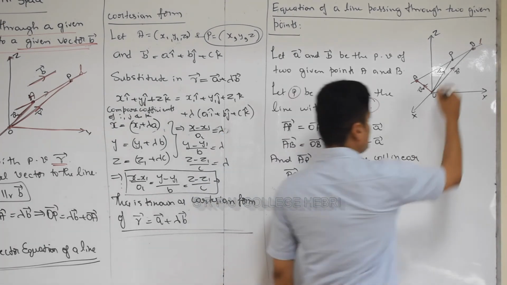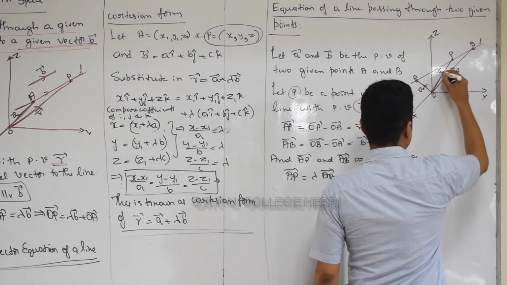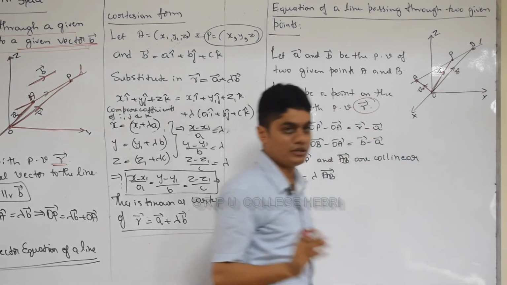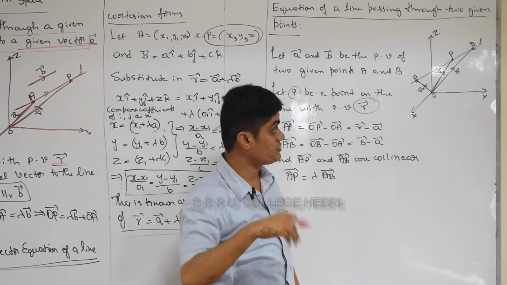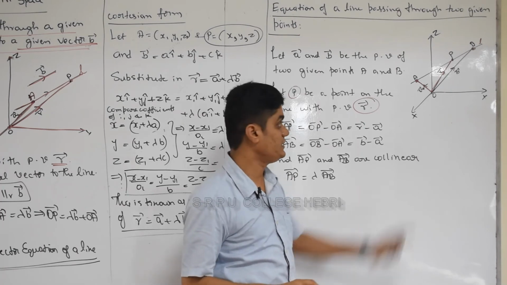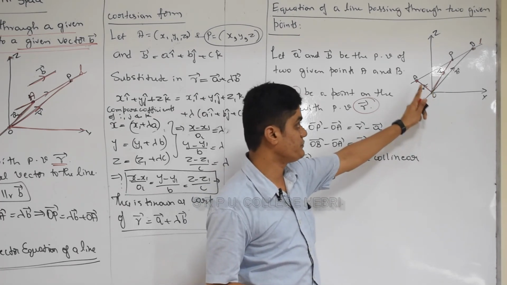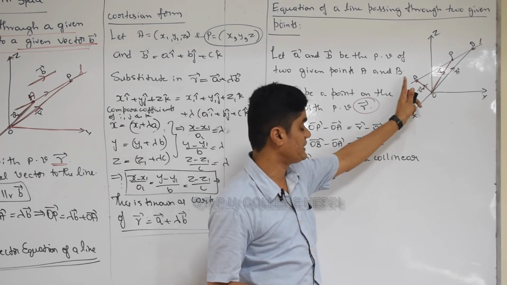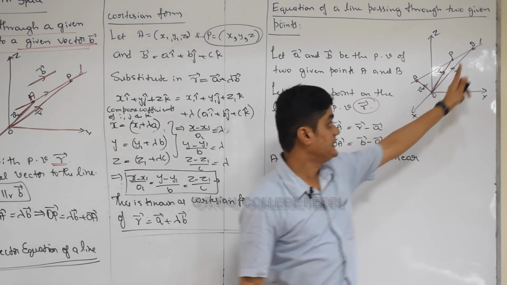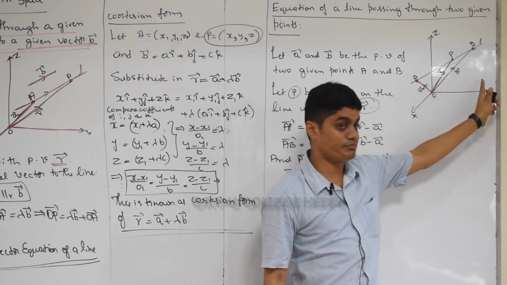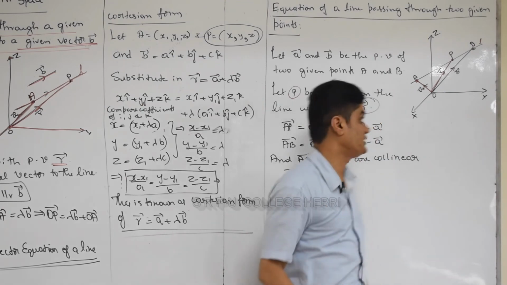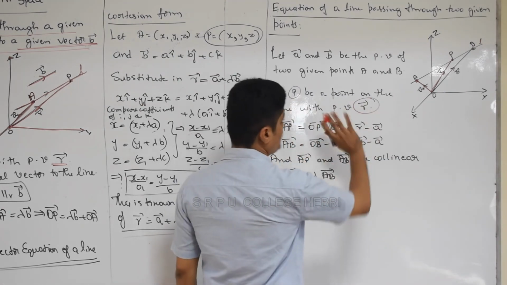Just like the last derivation, out of three points, two are given and one we are taking. The position vector of A is a, of B is b, and of P is r. Now use a diagram.